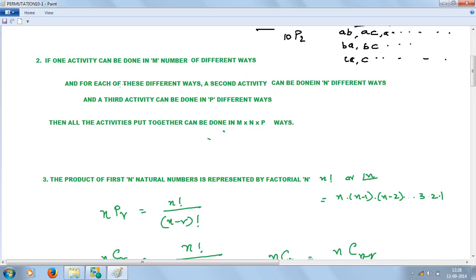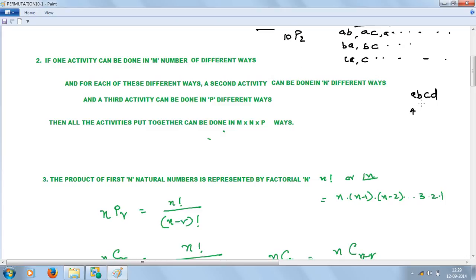So in permutations, for example, you are writing ABC. Let us take 4 letters, A, B, C, D. The first letter you can fill with any one of these, so you can write in 4 ways. For the second letter, we put a condition: we should not repeat a letter already used. That is generally given in problems. Suppose we take that condition, then a letter should not be repeated.